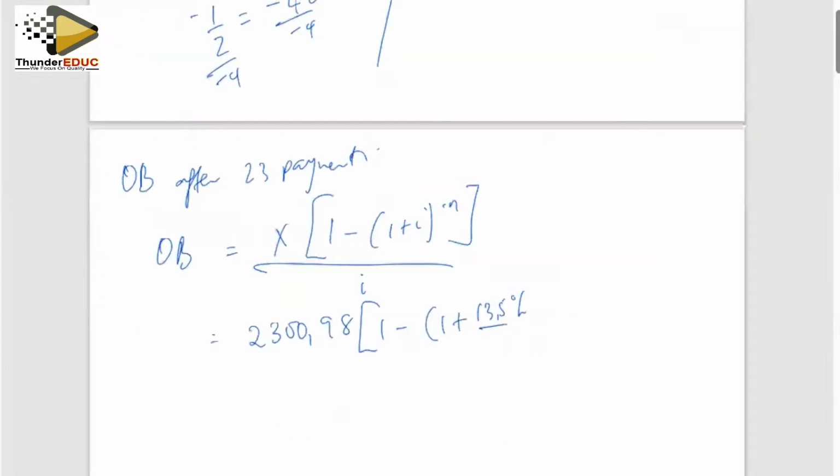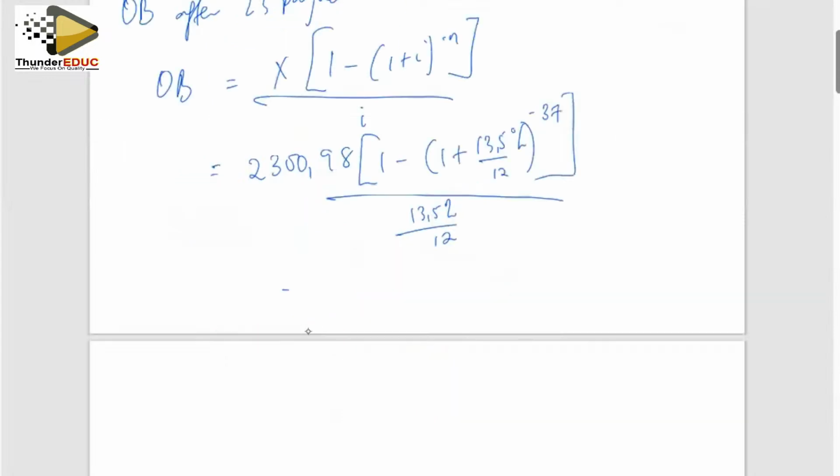It's monthly, okay? So over 12, the exponent of negative 37, everything is over 13.5% over 12. Okay, so my outstanding at this point is 69,325.98. I'll make it 26, I round it off.